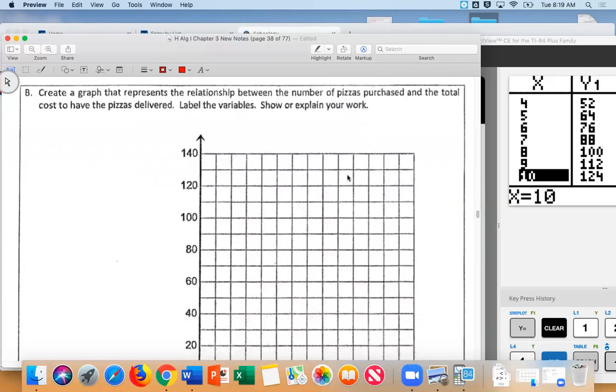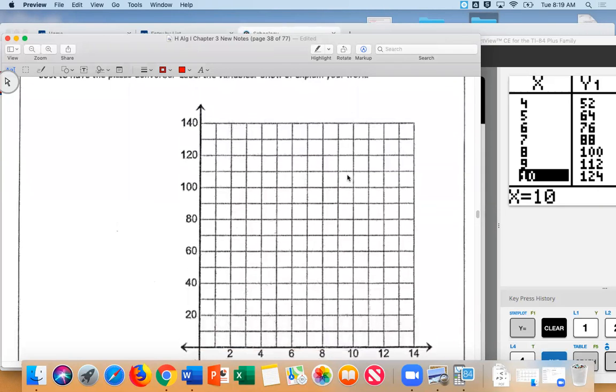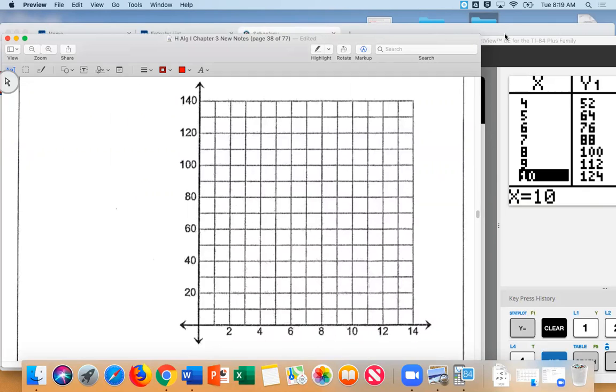All right, now it says create a graph. And this is all I got. What should be on my x-axis? Pizzas. Hashtag pizzas. You know that a hashtag stands for number, right?